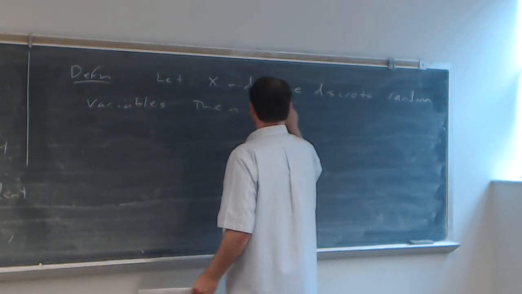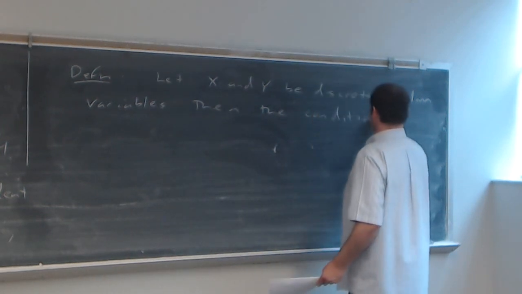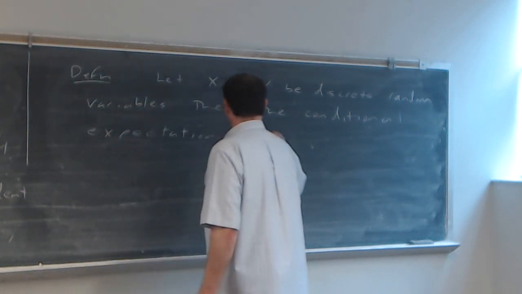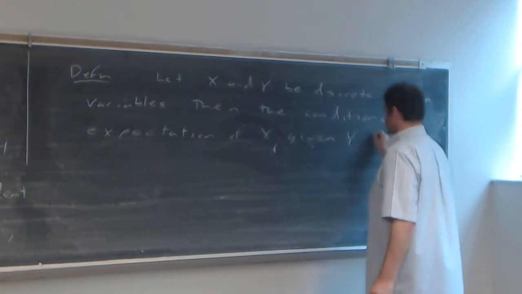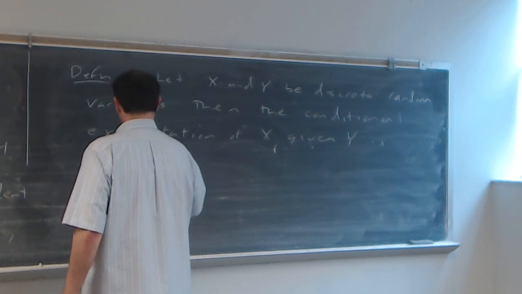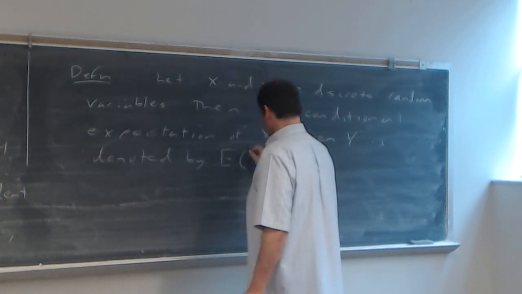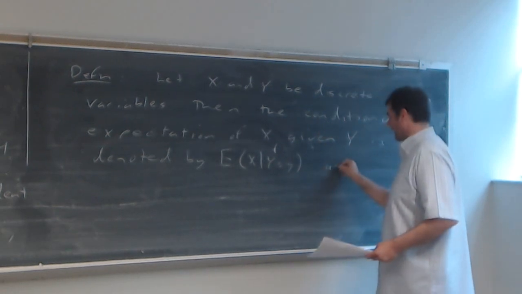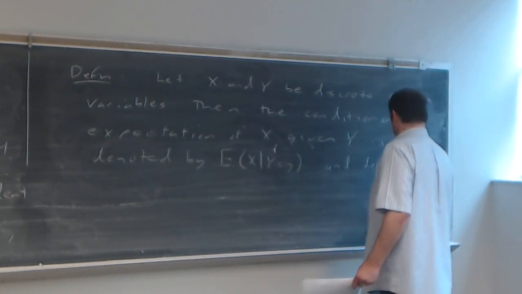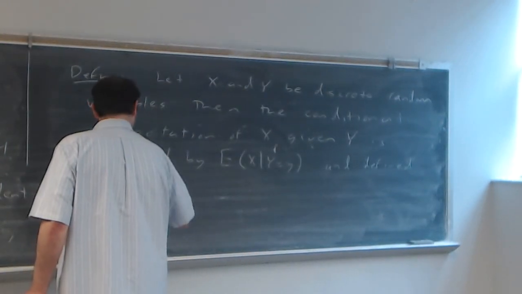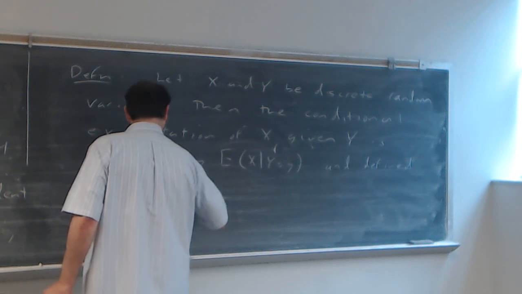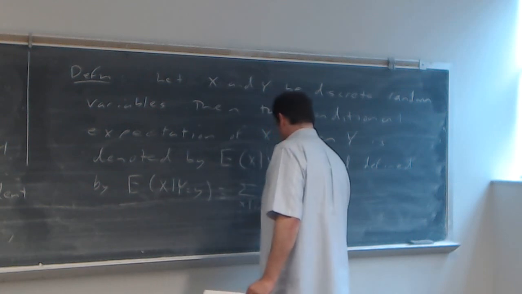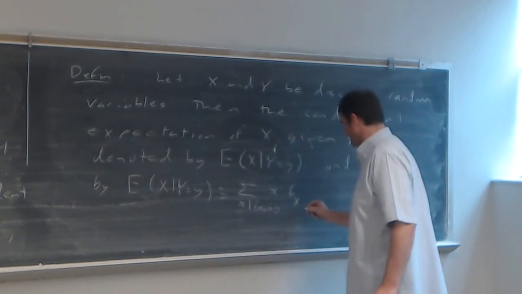Then the conditional expectation of x given y is denoted by the expected value of x given y equal to y, and defined by the sum over all x values such that f of x is greater than 0 of x times the conditional PMF of x given y.